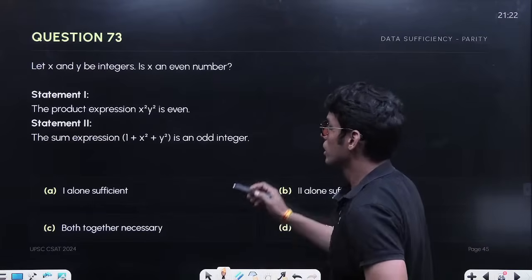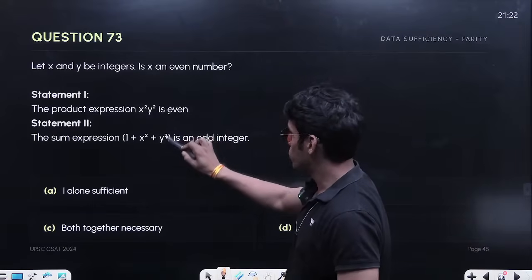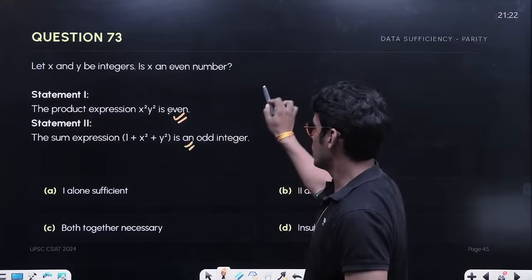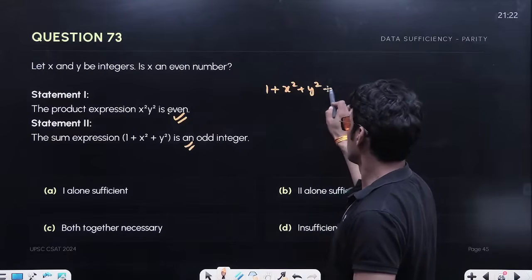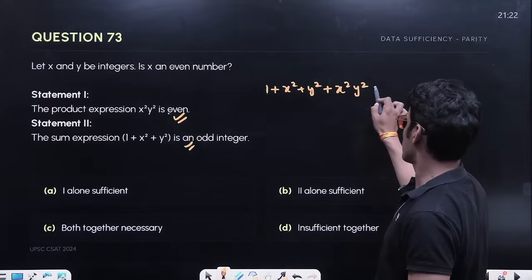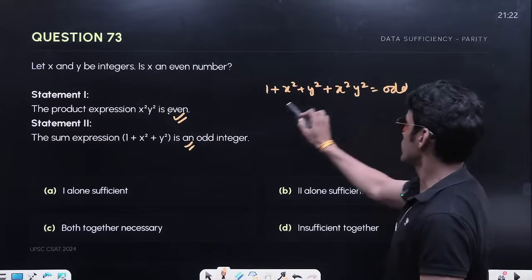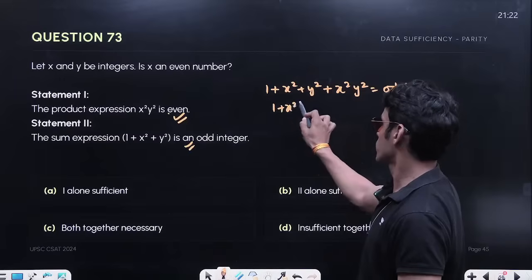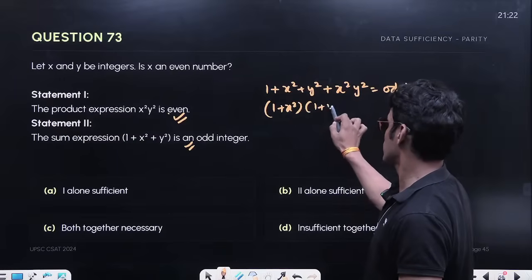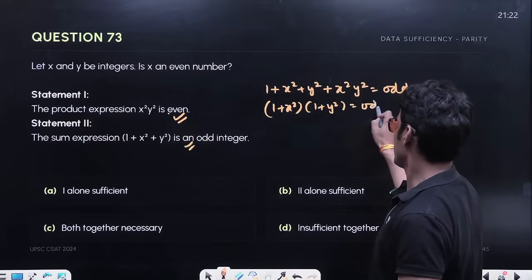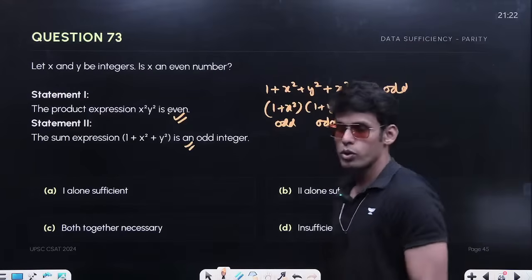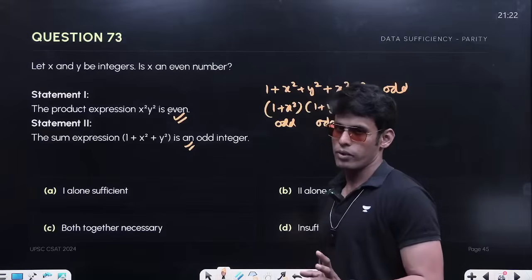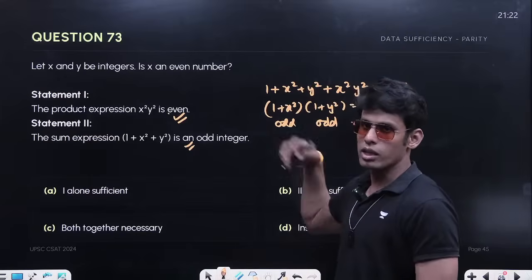But if both of these are correct, then if I add them, this is odd, this is even, and this becomes odd, and this can be factorized like this. If this is odd, then both factors will be odd. The product of two odd integers can only be odd; if there is any even, the product will be even.